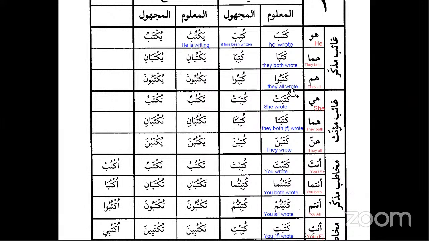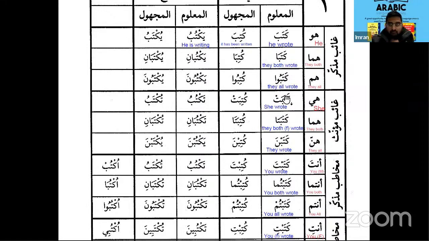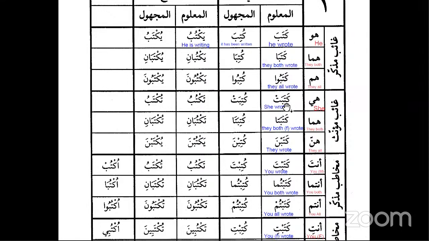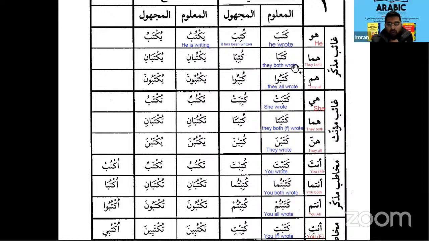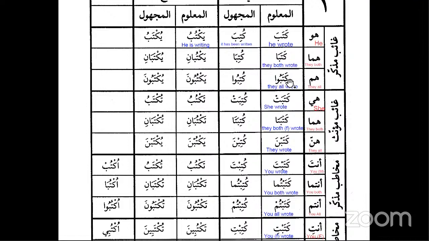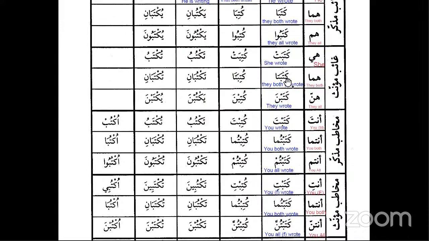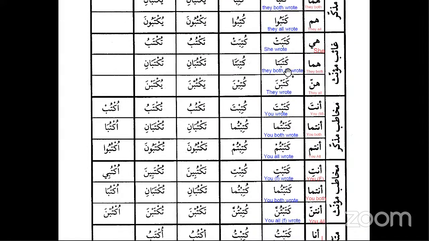And then huma, two persons, male. Kataba. Correct. The two persons wrote. And koteba, the majhul. No, we're just doing ma'lum. I'm not doing majhul. Okay, so two persons wrote. Hum katabu, so they all wrote. All the persons that wrote who are present.